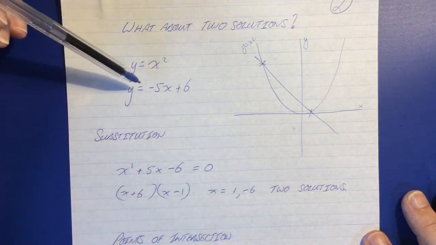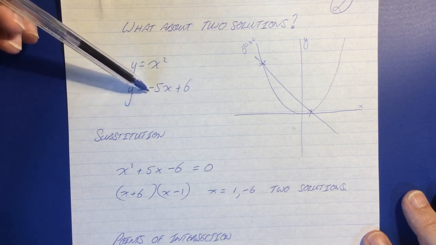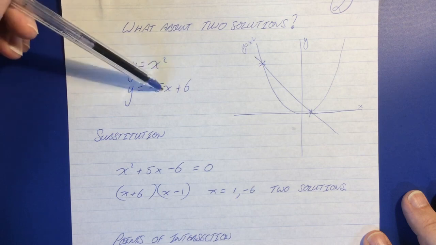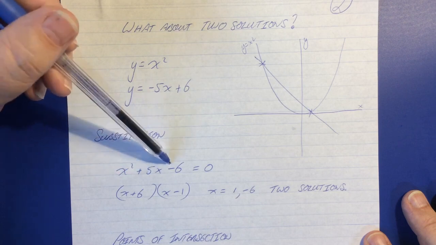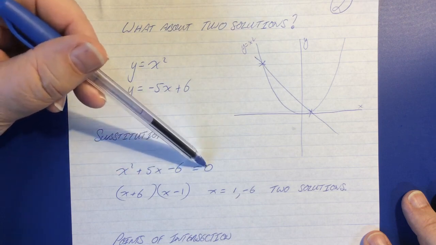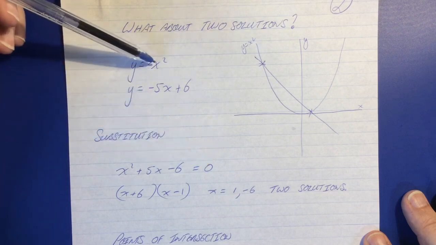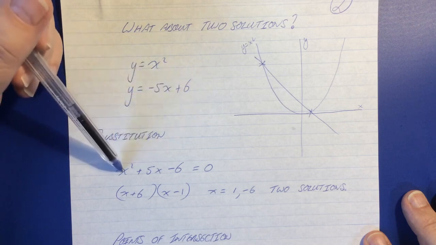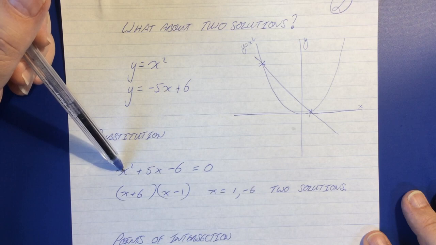Now, going through the same process as last time, but skipping a step or two, we make this equal to this, and we get x squared plus 5x minus 6 equals 0. So basically we've said x squared equals negative 5x plus 6, and then we've made it all equal to 0, getting everything on one side of the equation.